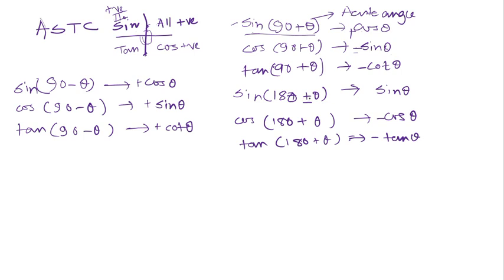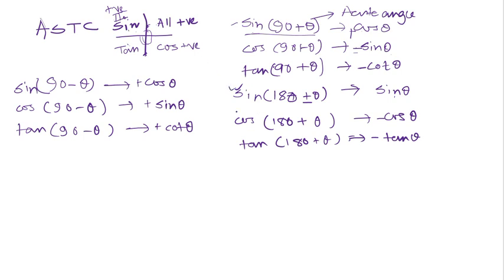Now 180 plus theta, what will happen? 180 plus theta means third coordinate. When we check 180 minus theta, it is on the first coordinate. We know sine is positive, so sine will remain sine, and when we find out the sign of the function, whether positive or negative, we take the original function, not the transformed function.